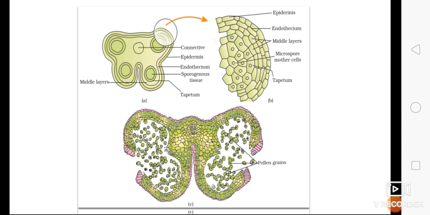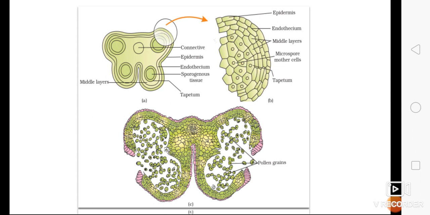Why does the microsporangium break? It breaks open when it becomes mature, to release microspores. Because microspores only after their release will reach near female gamete. So there must be dehiscence of anther to release microspores.